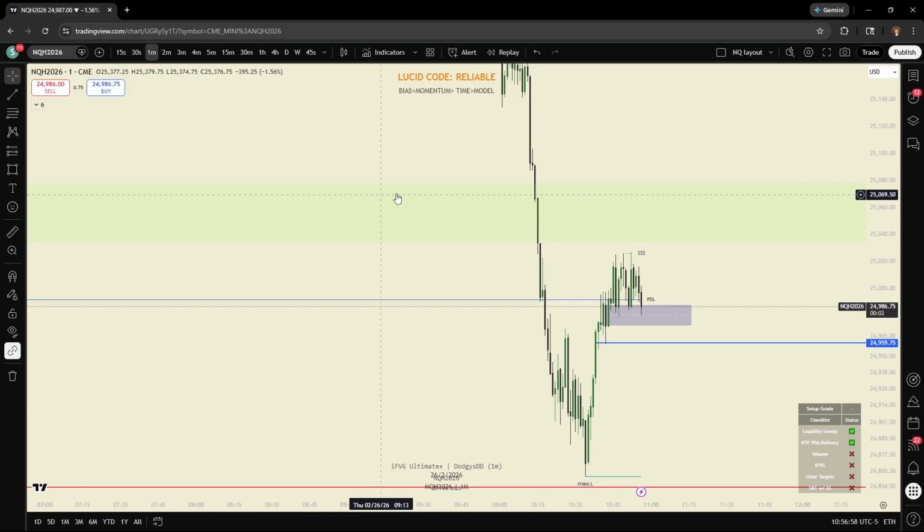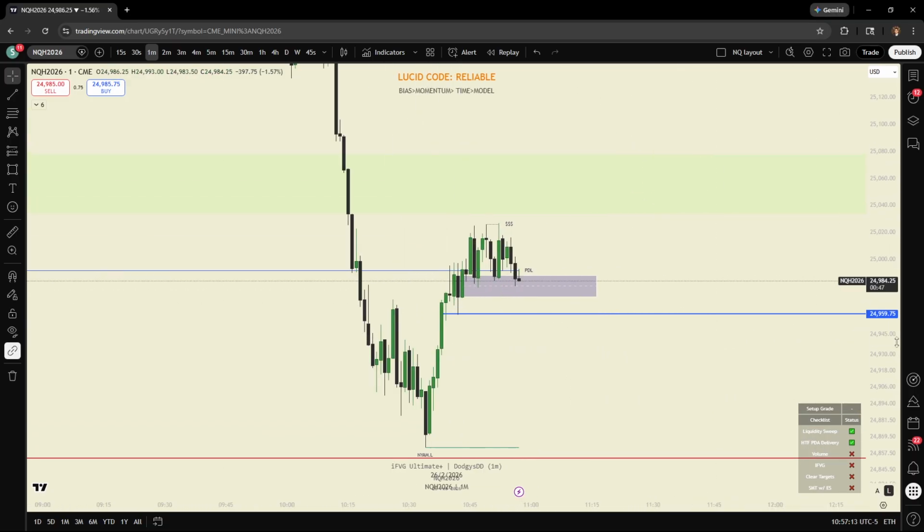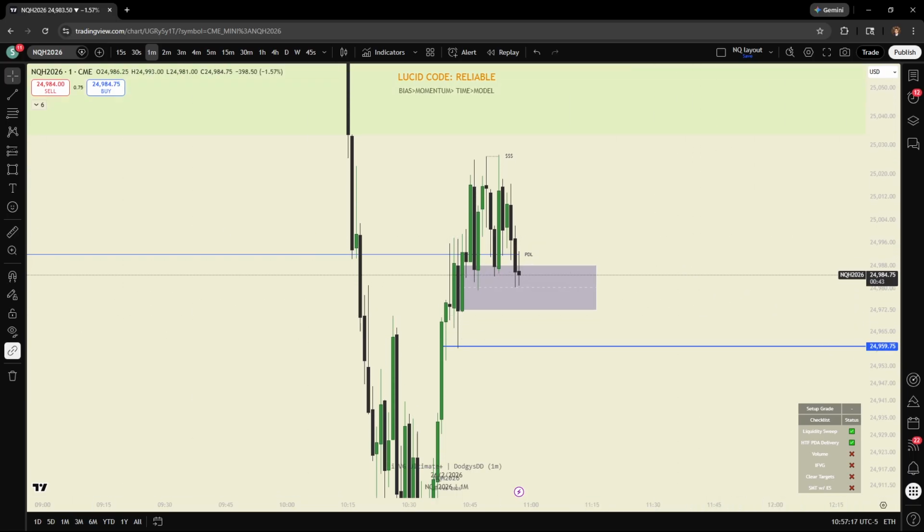All right, we got 11 o'clock here in 3 minutes. We did just get a bearish CISD there on the 1 minute, but obviously a true CISD is represented by a manipulation leg, and this is just accumulation.